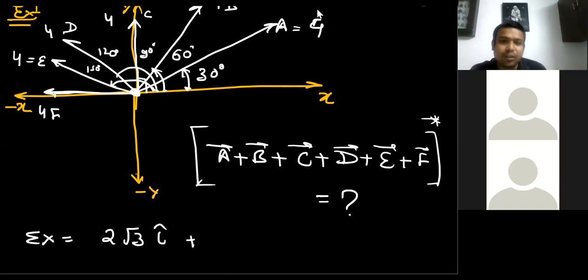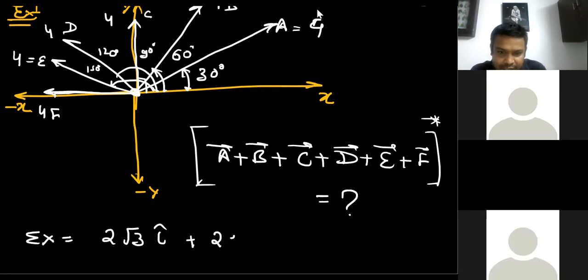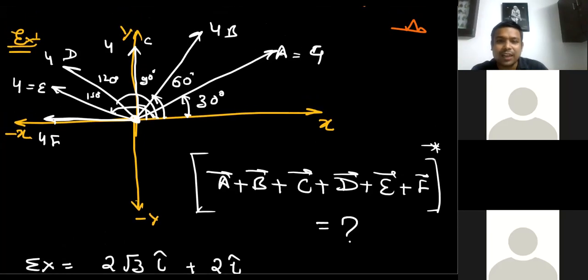Similarly, tell me what the x component of vector B is. 2 i cap. Vector B makes an angle of 60 degrees from the x-axis. Thus, the x component of vector B is B cos 60 degrees, and B is 4.